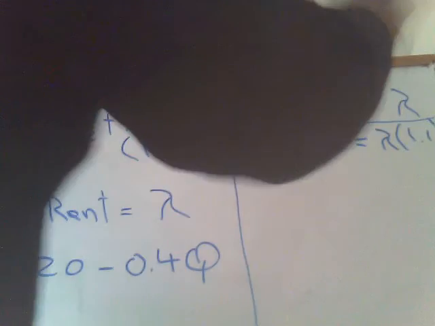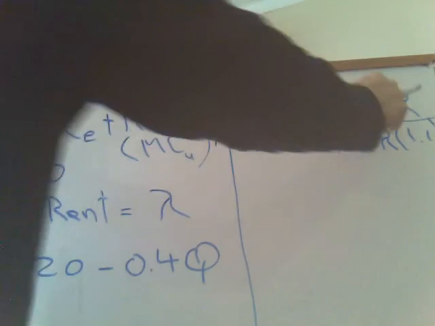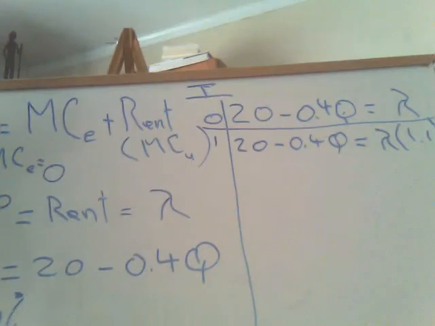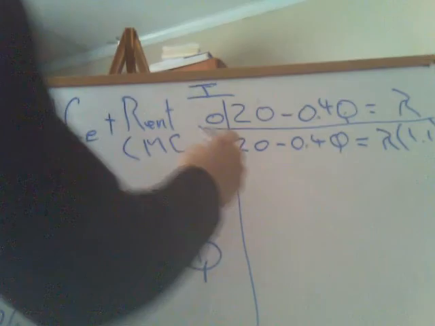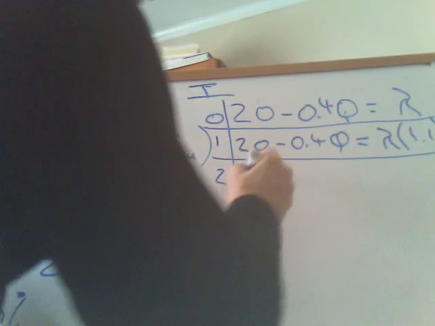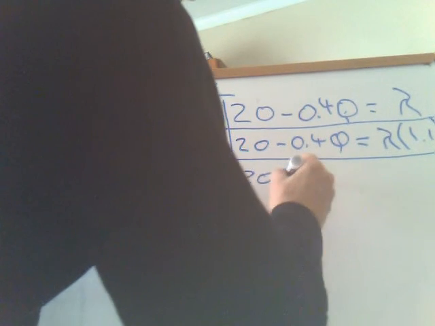Let's assume, for the sake of argument, just to make it simple, that this is 10. If this was 10, then this will become 11. What about in the period after this? This will be period 2: 20 minus 0.4 Q is equal to lambda times 1.1 times 1.1, which means 1.1 squared.